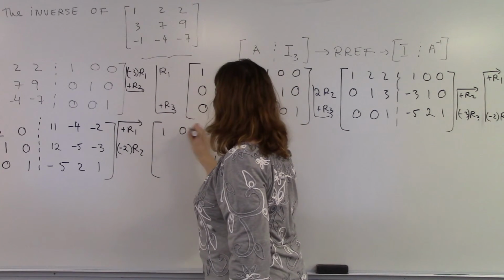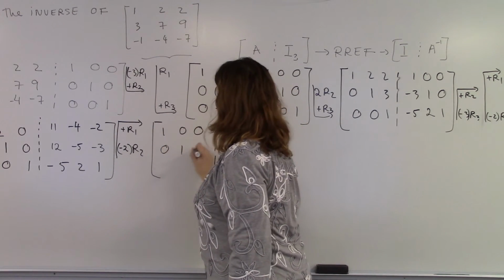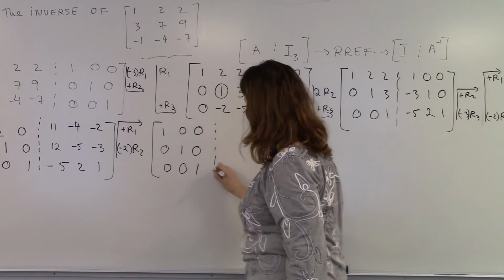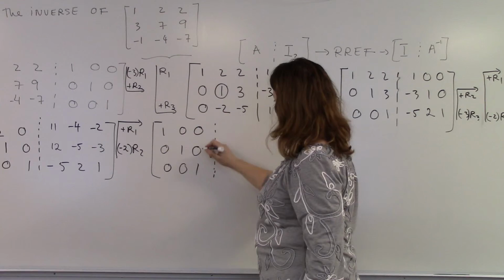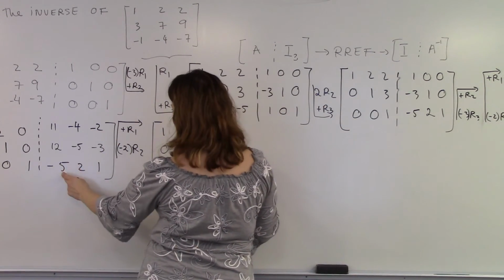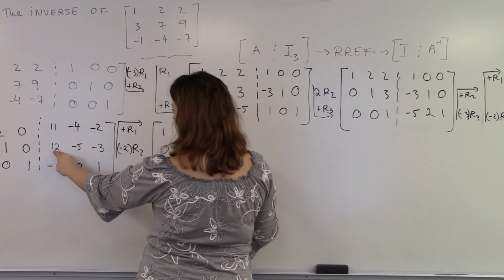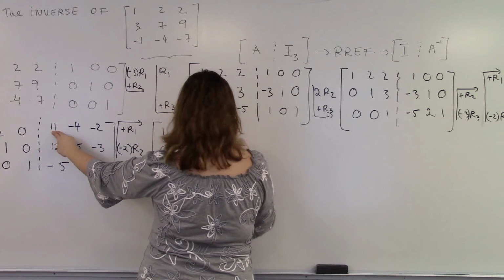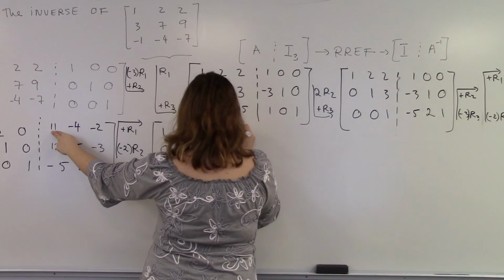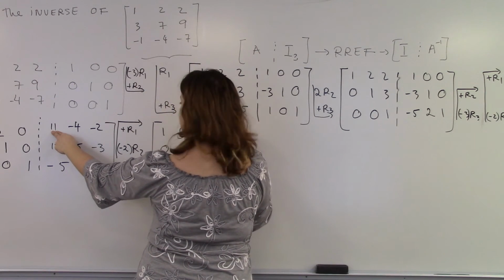So it's 1, 0, 0, 0, 1, 0, 0, 0, 1. And so let's see what happens there. -24 plus 11 is going to be -13.